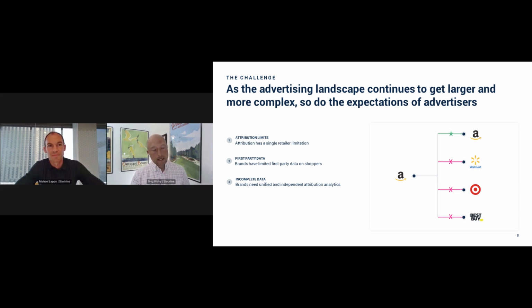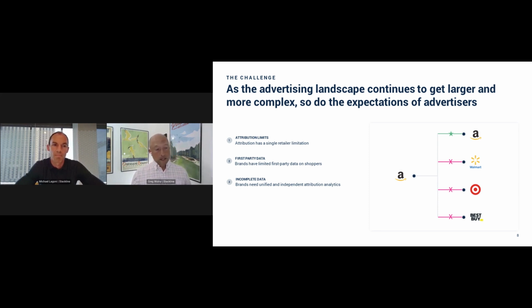The second one listed here, when you think about another critical component of proving out the impact of an advertising investment, it really comes back to understanding from a first-party data standpoint. And while this is a very valuable asset to brands and to manufacturers, most brands and manufacturers have very limited visibility into first-party data.